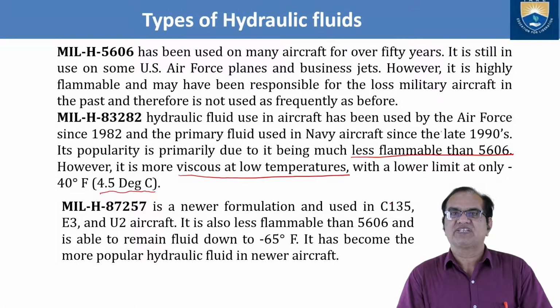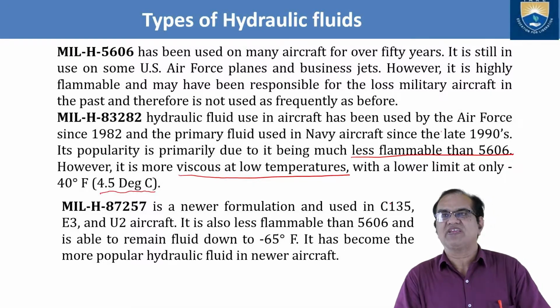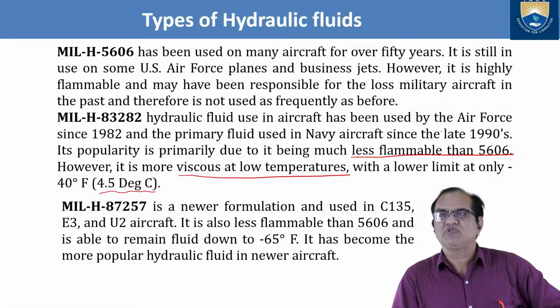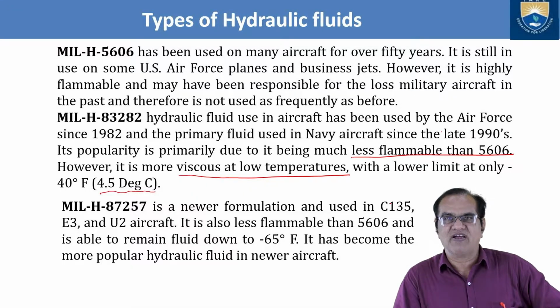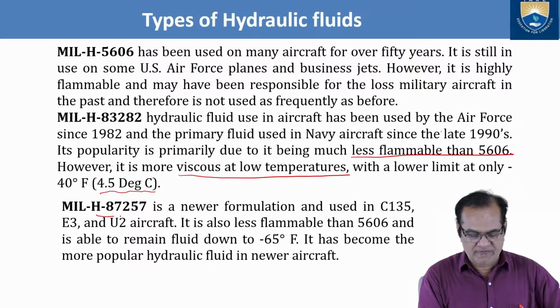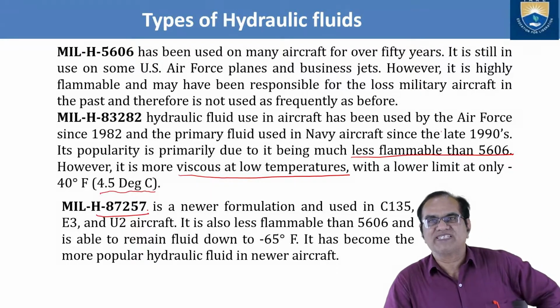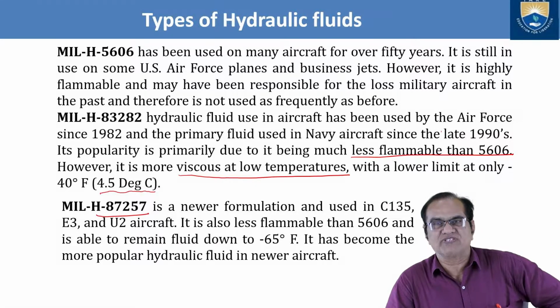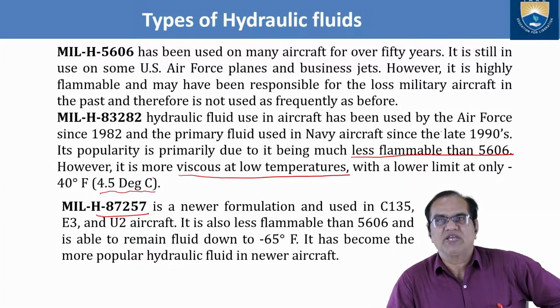Military H87257 is a newer formulation used in C-135, E-3 and U-2 aircraft. So this is another type of hydraulic fluid, also used by US military aircraft.